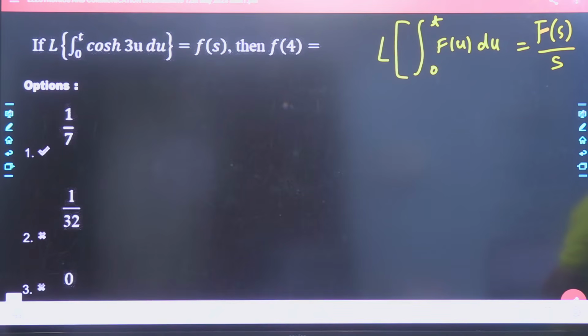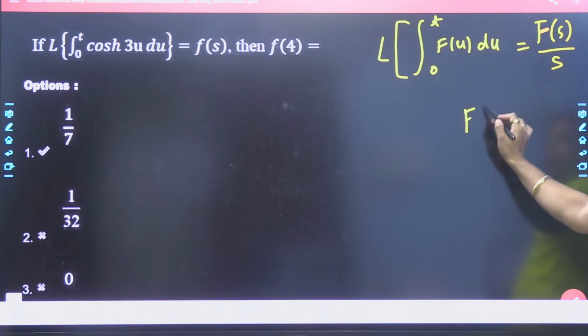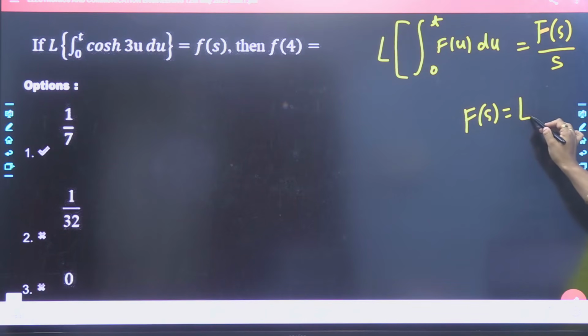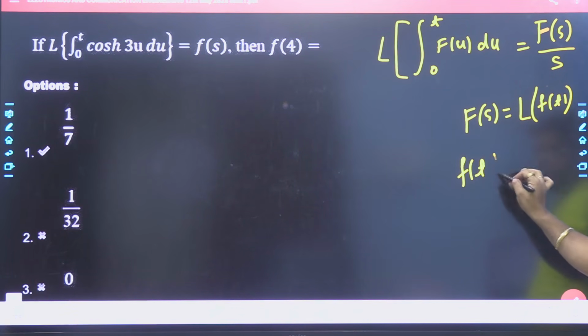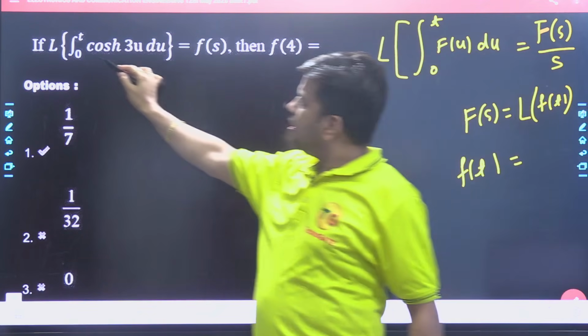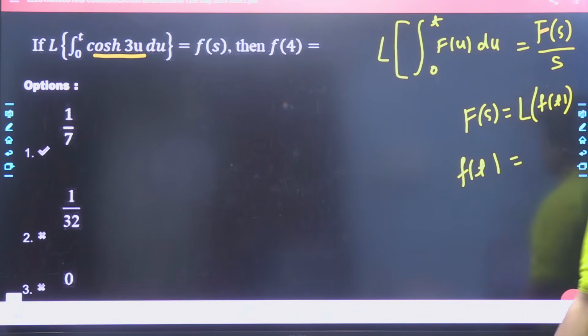Now F(s) is simply the Laplace of the function f(t). And here the function f(t) is cos h 3t.